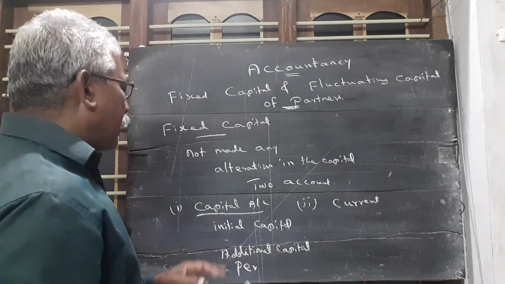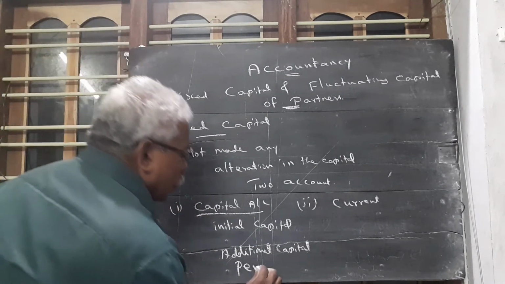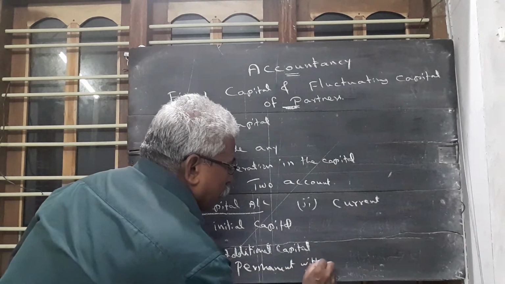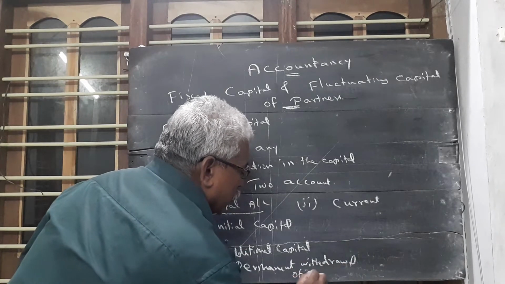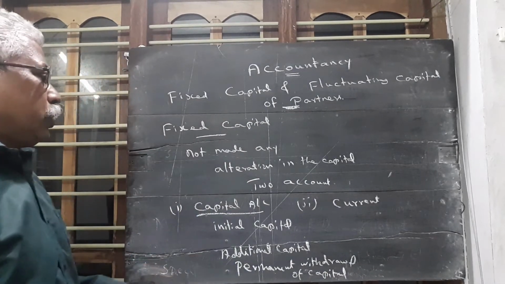Normal drawings are not recorded in the capital account. Permanent withdrawal of capital is recorded in the capital account.